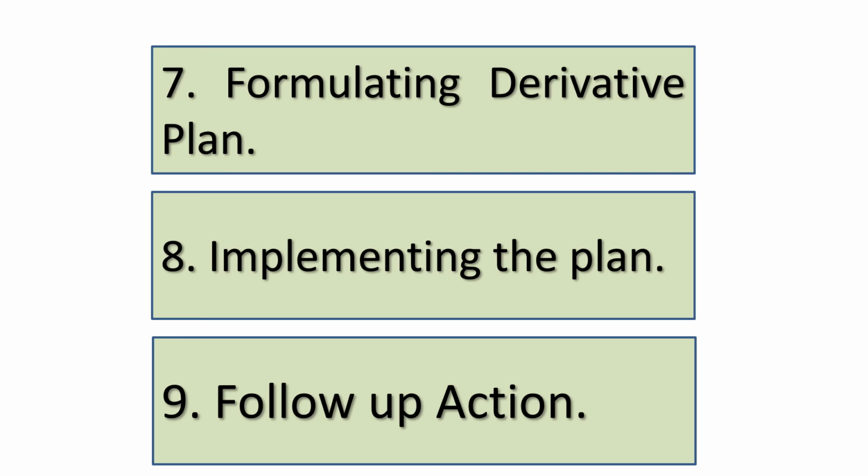And the last step in planning is follow-up action. This step mainly relates to the controlling function of management. In this step, planners regularly monitor and try to identify weaknesses for corrective measures.